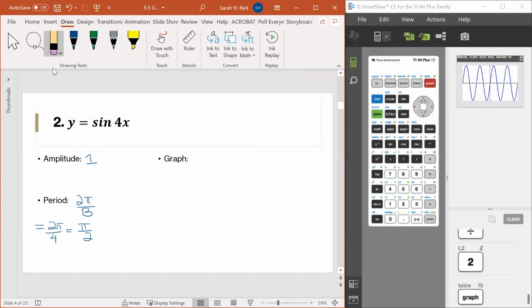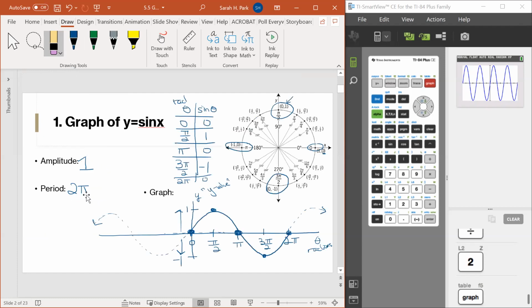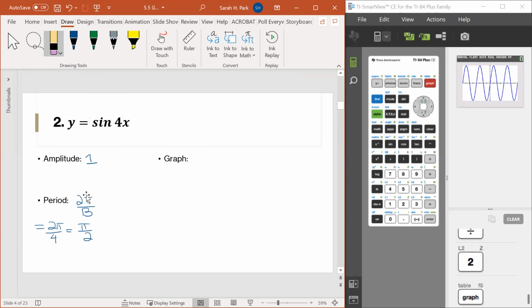Okay, so I know one full period on the original graph used to be 2 pi, but now it's much shorter. It's pi over 2. How we graph this is we have to locate 5 points, and we start at 0.